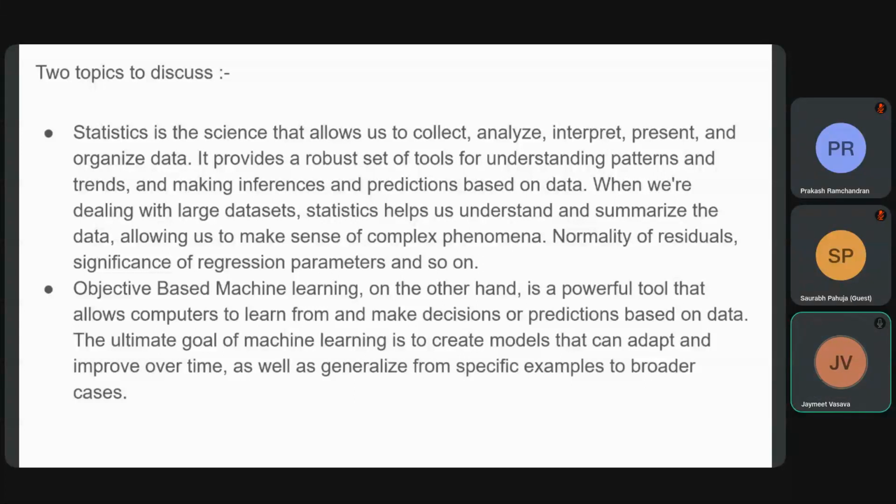And with time, we are expecting this model to also improve and adapt with time. And if we want to make it more generalized for a broader use, we can do that too.